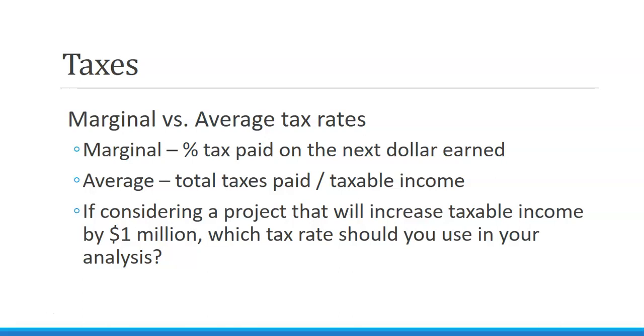In your textbook, there is a marginal tax rate chart on page 31 for the current personal tax rates that were passed at the end of 2017. We're going to do some examples in class on how to determine your taxable income based on those personal tax rates.